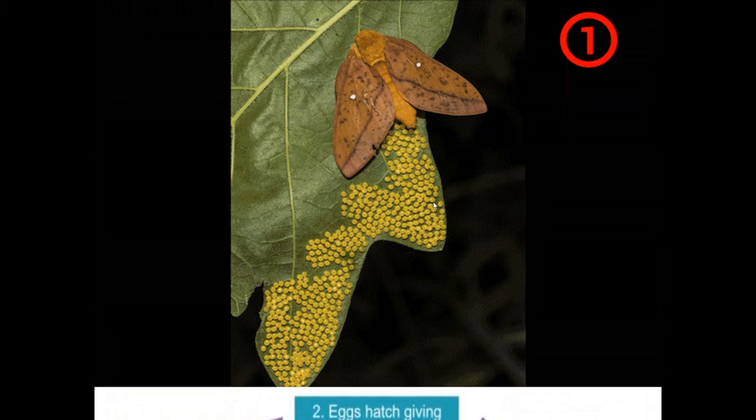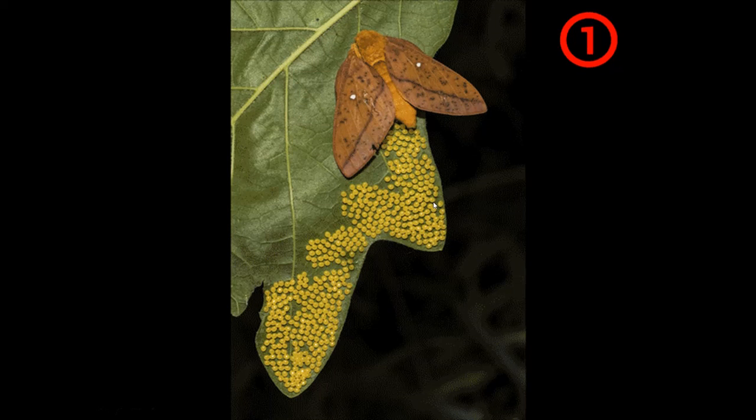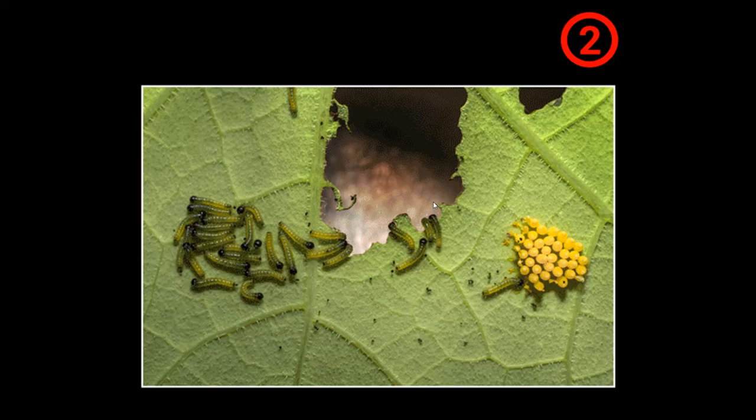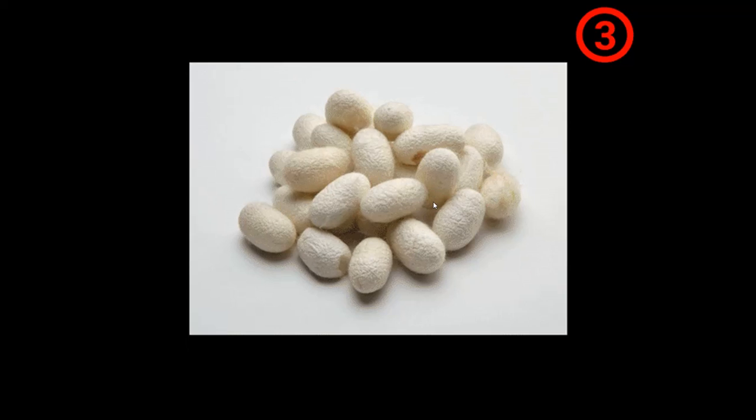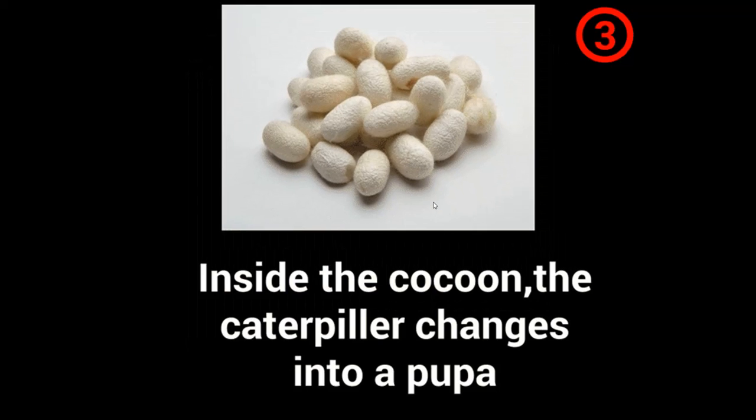Let us understand with the help of this image. In this image you are seeing that the female silk moth lays the egg, and the eggs are hatched. The larva comes out of the eggs.